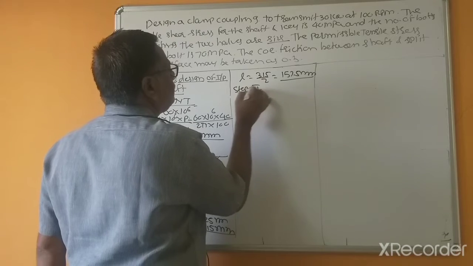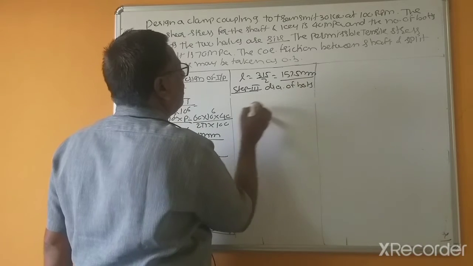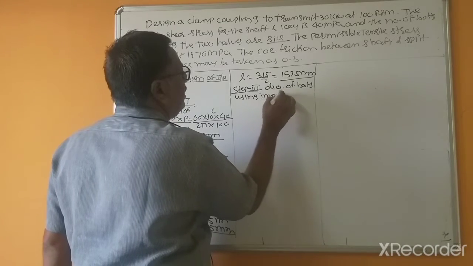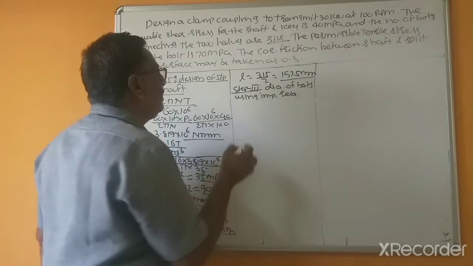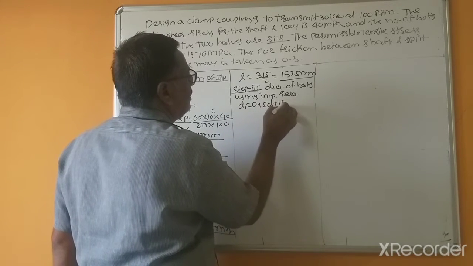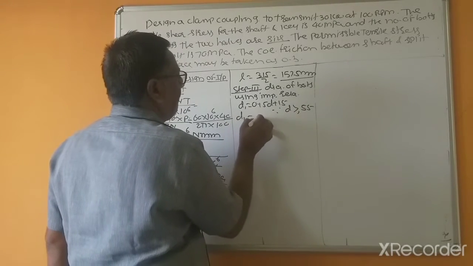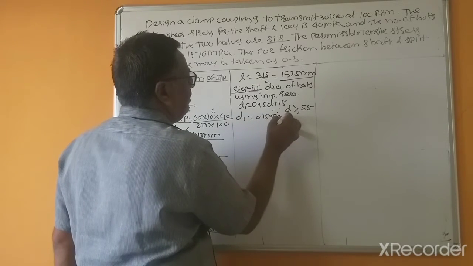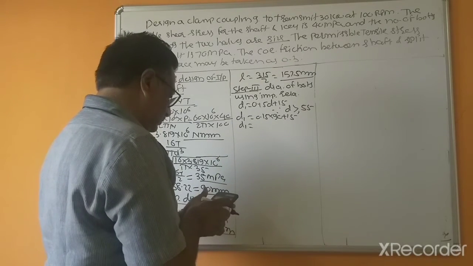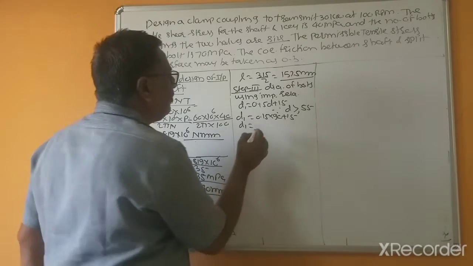Step 3, diameter of bolt, using empirical relation. What is the empirical relation? d1 equal to 0.15 d plus 15, since the diameter is greater than 55, 0.15 into 90 plus 15, this is 28.5.